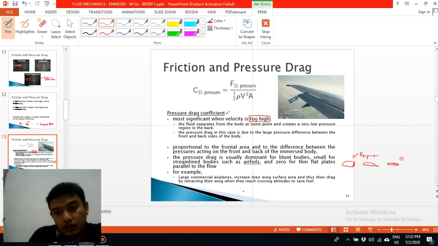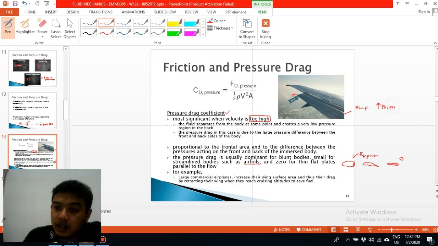So we use this concept to reduce the speed of the aircraft, especially when reaching cruising altitude. If you can see, there is a flap or aileron here. Before landing, normally we can see that the aileron or the flap will be open in order to increase the pressure drag.